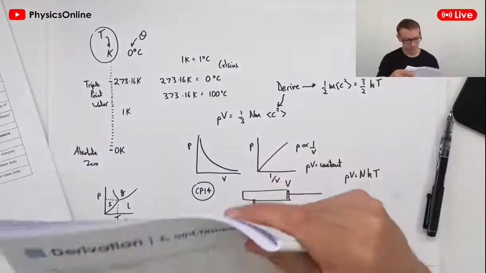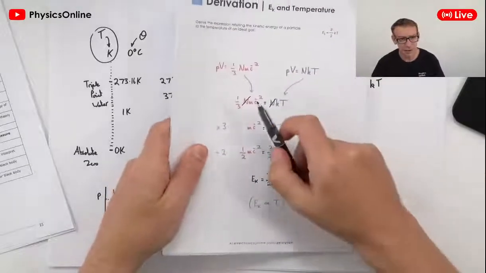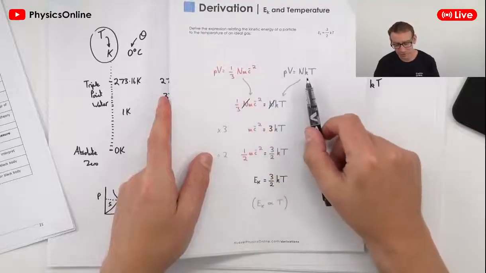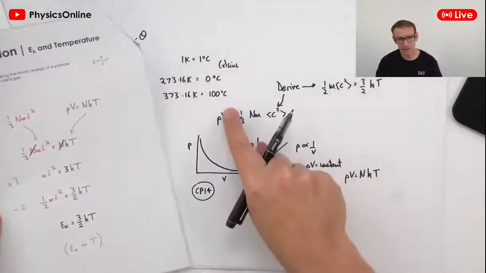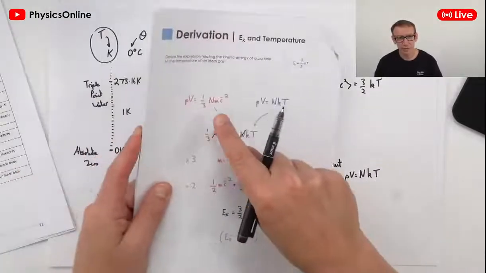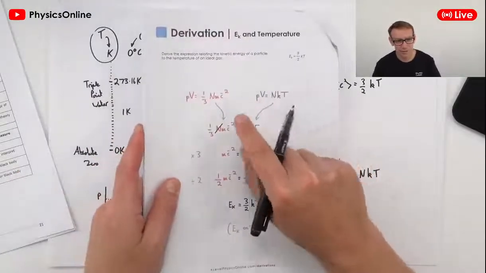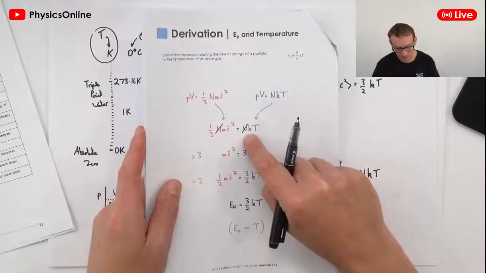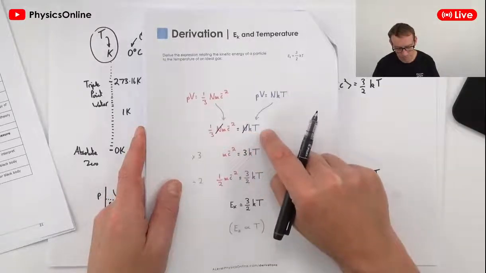Yeah. So for this one, we know that PV equals a third nmc squared and PV equals nKT, which is basically this equation and this equation. If we equate the two things together, we can say that a third nmc squared is equal to nKT.